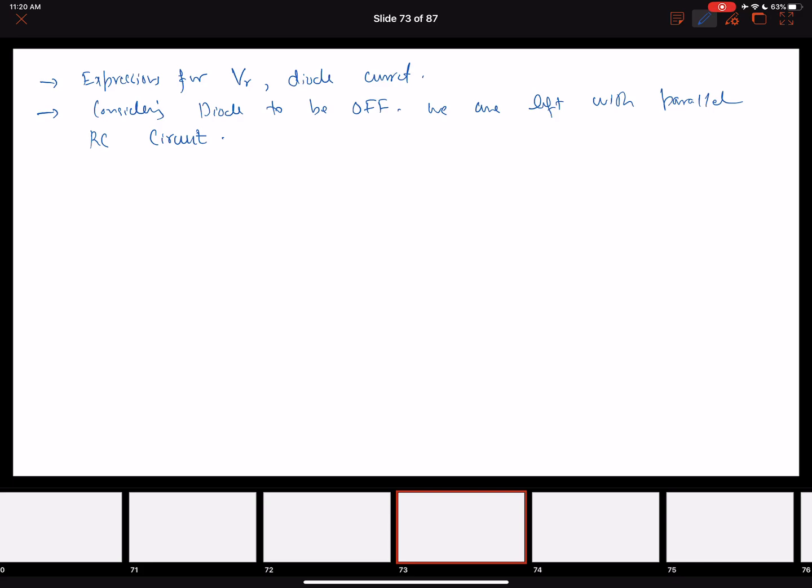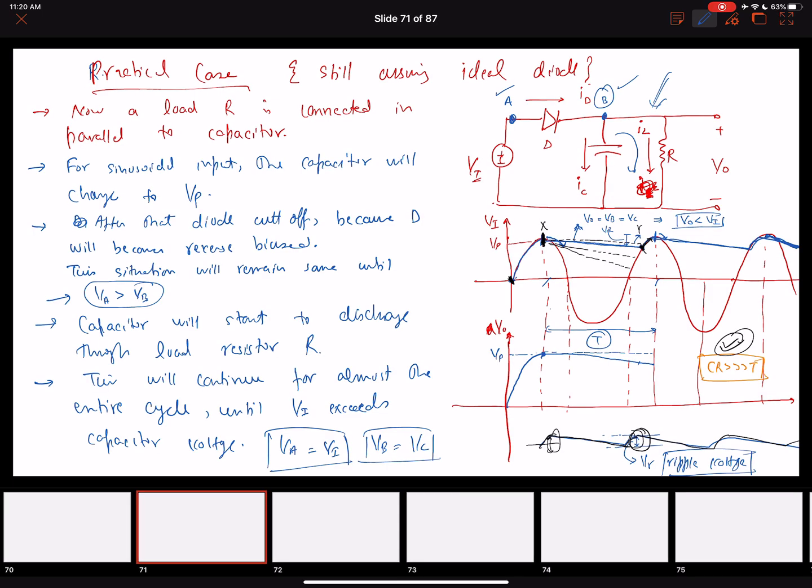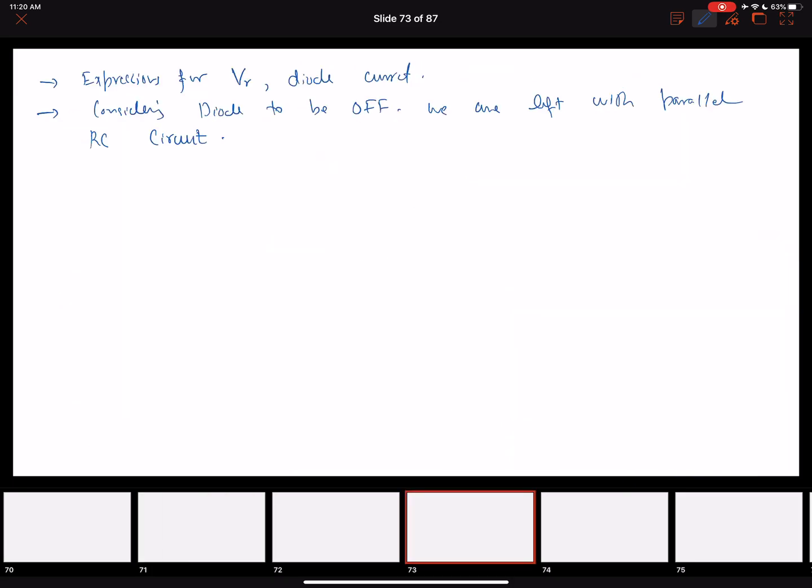So we saw that in this circuit, when the diode becomes reverse biased, we have a capacitor here and a resistor here. So it's a parallel RC circuit. So the output voltage of the circuit, V naught, can be represented by an exponentially decaying function where our peak value is Vp and e raised to the power minus t over CR.